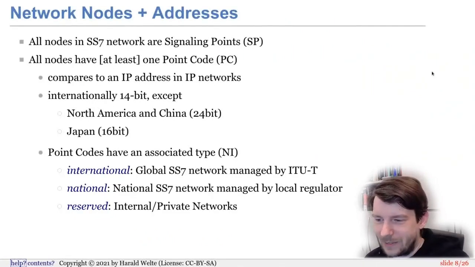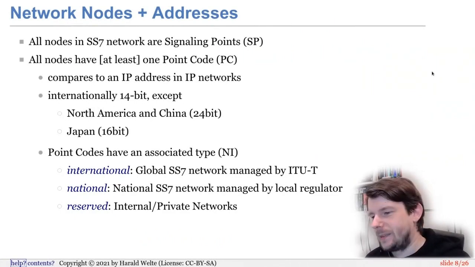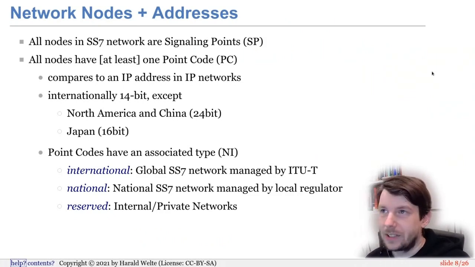I'm not sure how that came about. But in any case, that is how it is. So basically, you have the same signaling system, but different lengths of addresses depending on where exactly it is spoken, which also means that there's a need for translation in between those gateways between those different network domains.